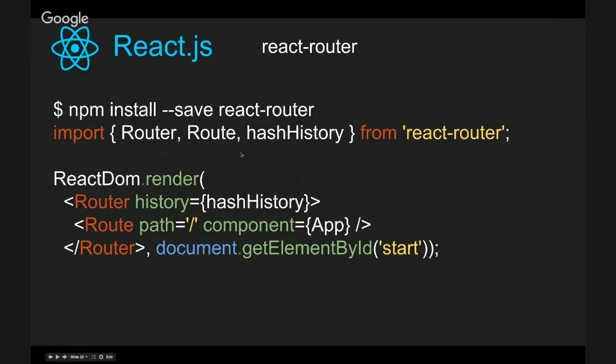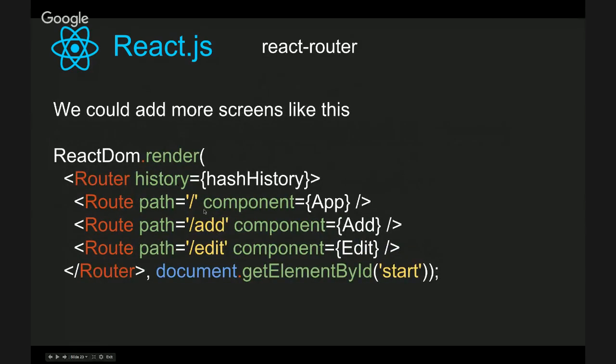The hash history is the one that is going to modify the URL in the browser. For now, we're going to use hash history. You can select another kind of history driver there. And we're going to define a path, and that path is going to load a component. Like in this case, we're going to render the application.